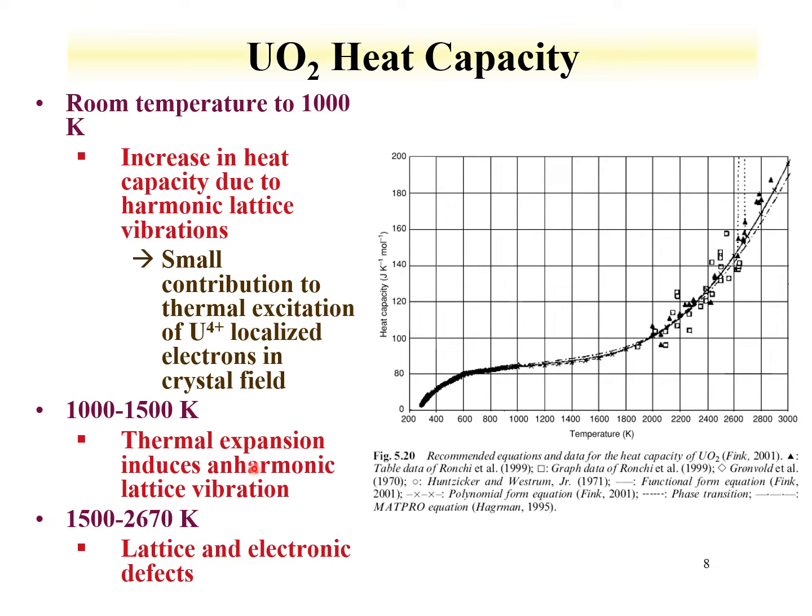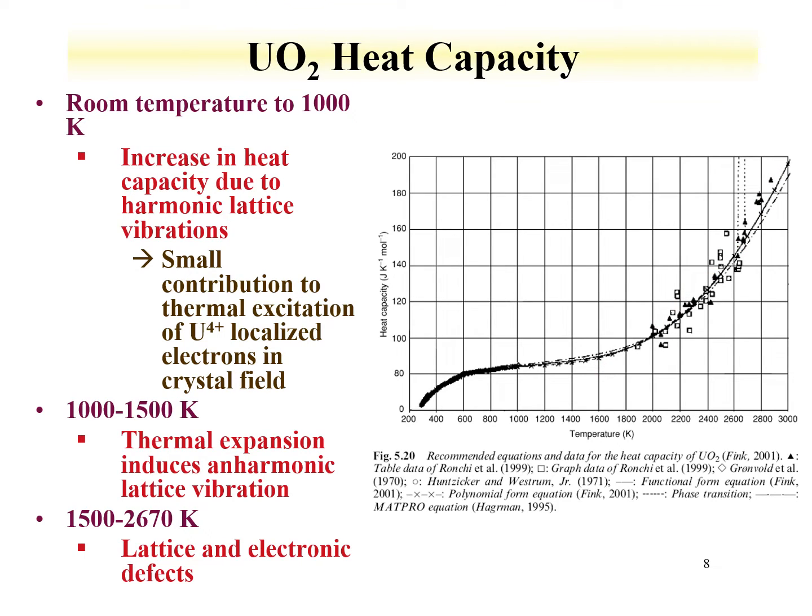We start to introduce anharmonic lattice vibrations. So this is a very simple lattice. This is anharmonic. So this is changing the system. We see a slight change in the behavior, the increase of heat capacity. And then above 1,500 K, we start to introduce defects, and we see a very, very large increase in heat capacity at high temperatures.